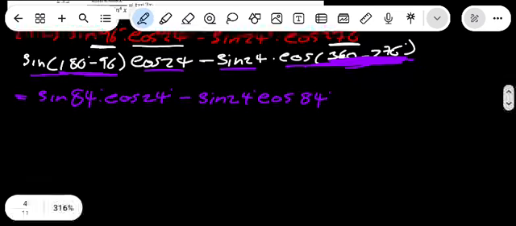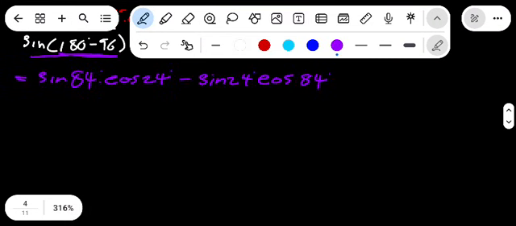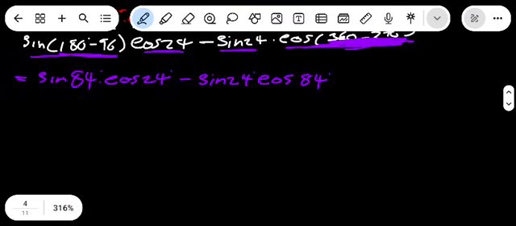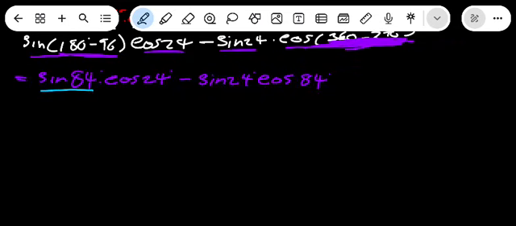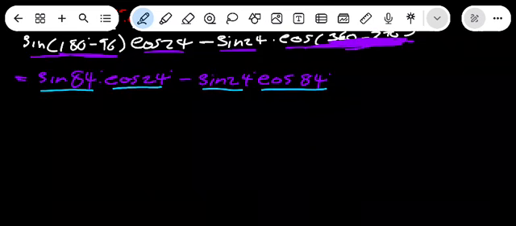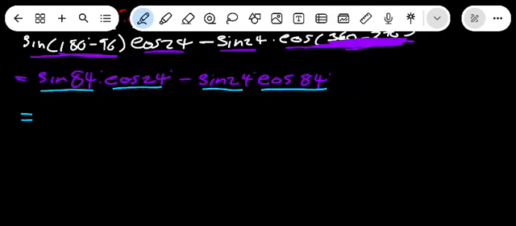Right, there's something you must notice here. We have sine 84, also cos 84 here, cos 24, and sine 24. As you can see, this is a compound angle. So this will simply equal the compound angle of sine: sine of 84 minus 24.